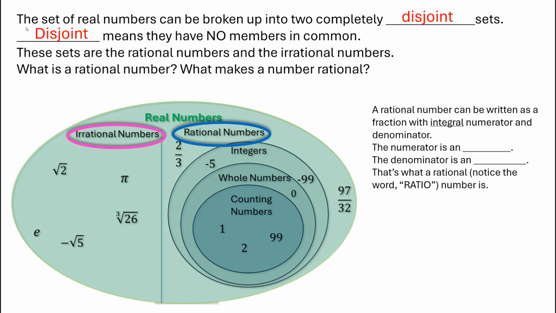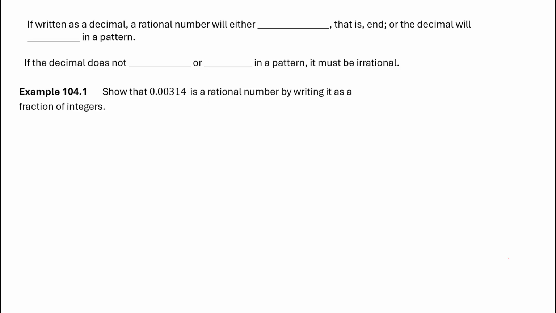And all that means is that the numerator is an integer and the denominator is an integer. So you can see that these numbers from the rational side are all numbers that can be written as fractions with an integer in the numerator and an integer in the denominator. So for whole numbers or integers, you can just put a 1 in the denominator and it is rational. You can just show that, yeah, it's rational. It can be written as a fraction.